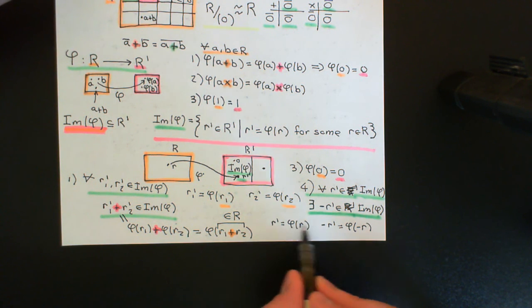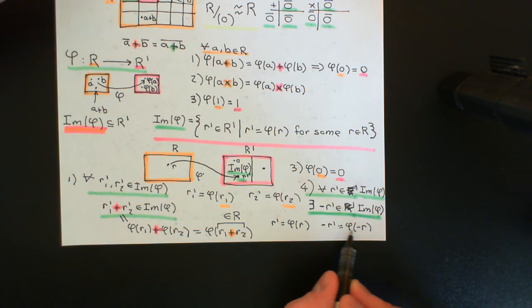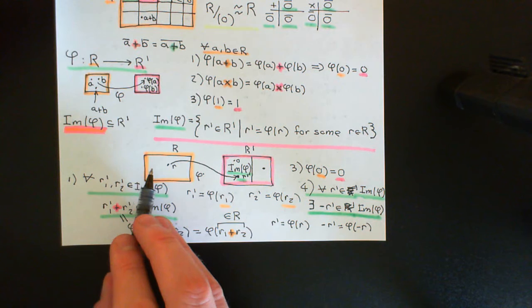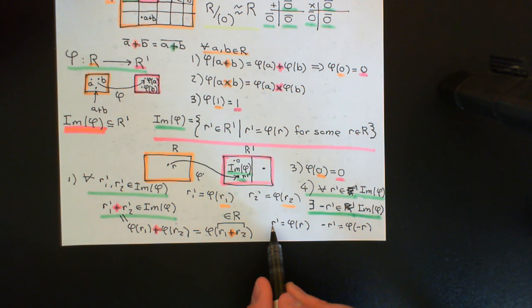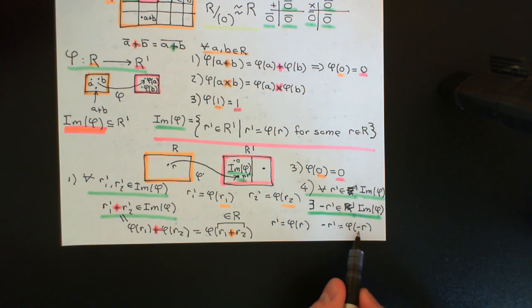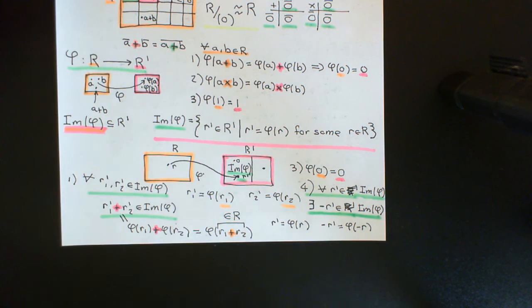So I claim that if r maps onto r prime by phi, then the additive inverse of r in the domain ring maps onto the additive inverse of r prime in the codomain ring.